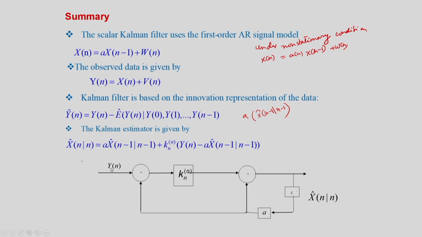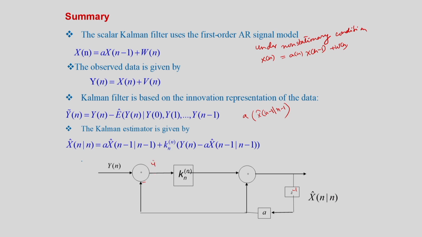This is the yn data, and this is the output x hat n given n minus 1, that will be delayed by 1 unit, z to the power minus 1, and then multiplied by a. So, that way we will get the prediction a times x hat n minus 1 given n minus 1, that will be subtracted from yn, and we will get the innovation.